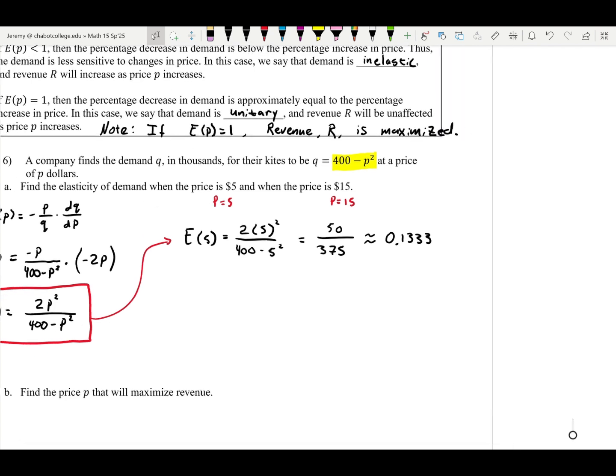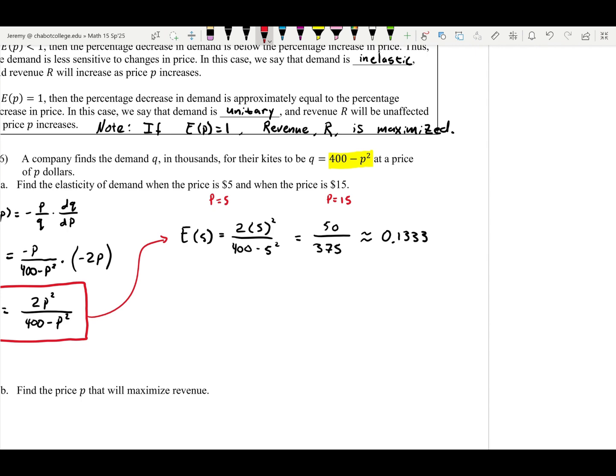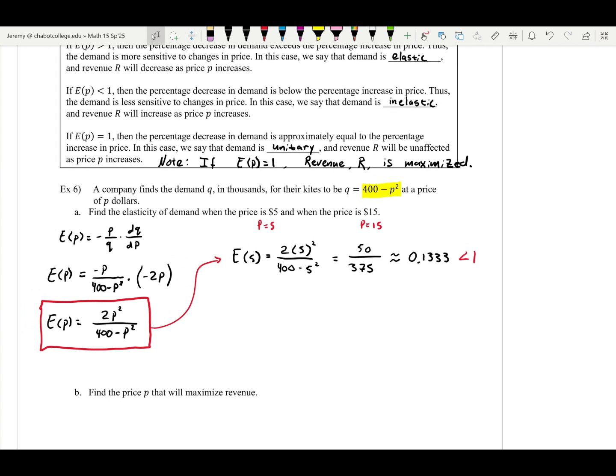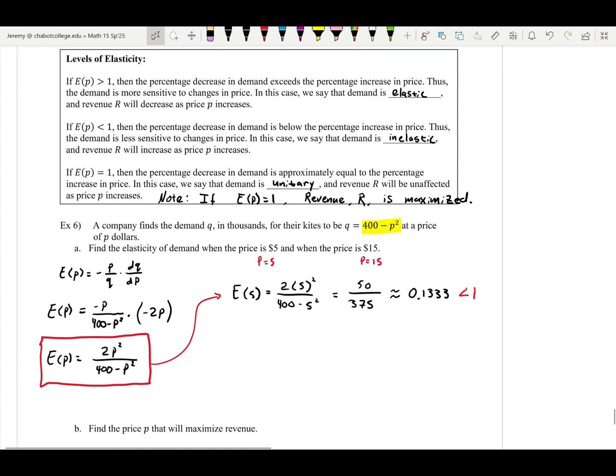So we see here, of course, that E of 5 is less than 1. So what does that tell us about demand when the price is $5 per kite? Well, since this number is less than 1, that tells us that demand is inelastic when P is equal to 5.